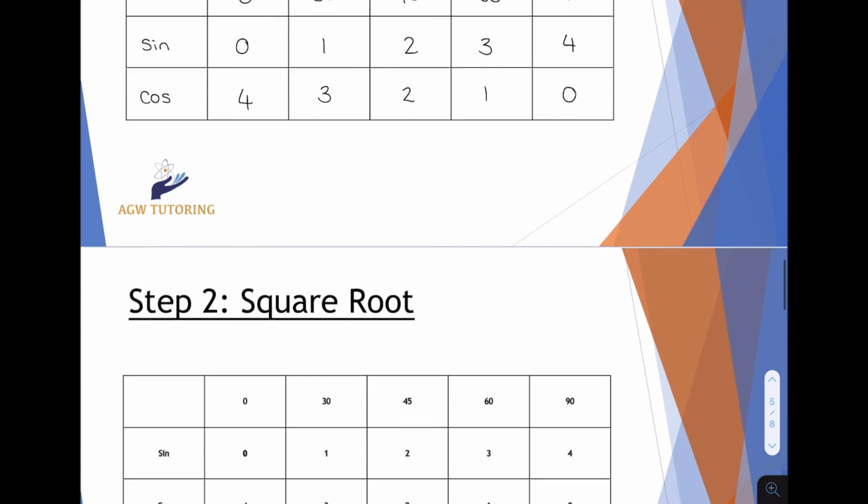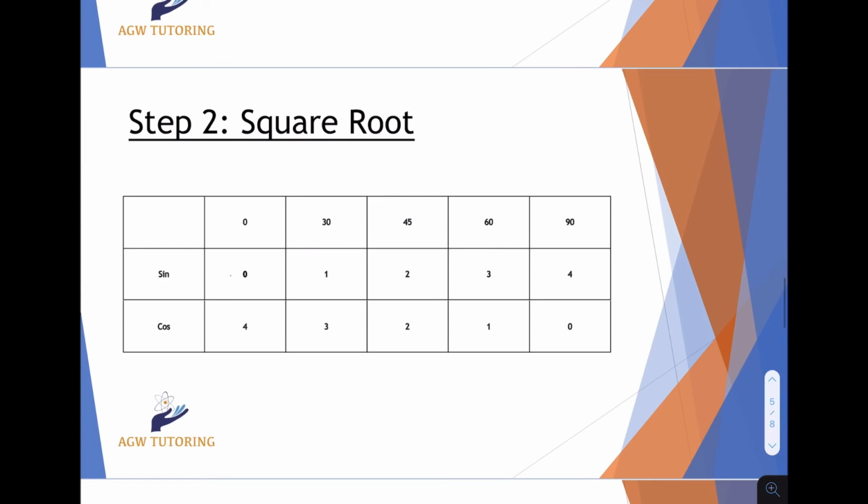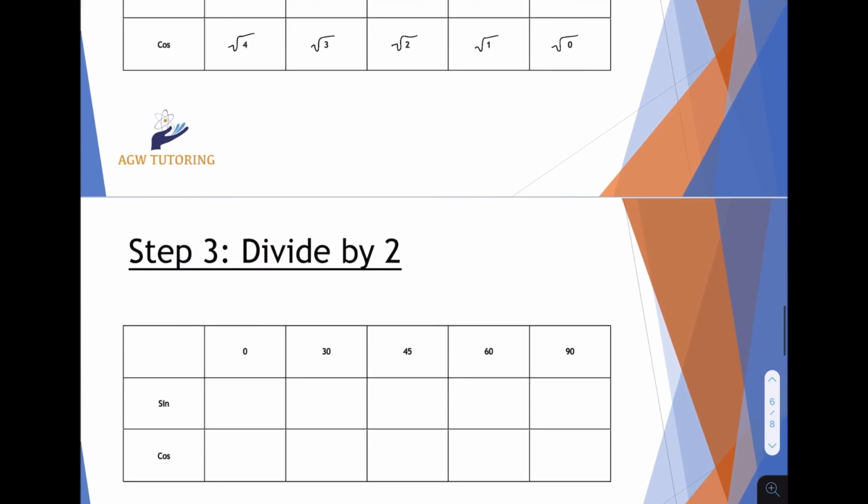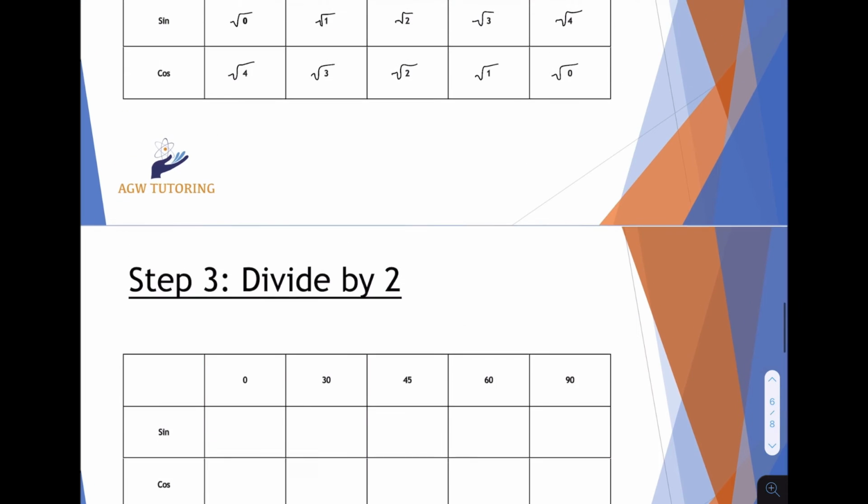Step 2, we then square root all of the values. So the values that I've just wrote down, to square root them all. Then step 3, we want to divide all of those values by 2.